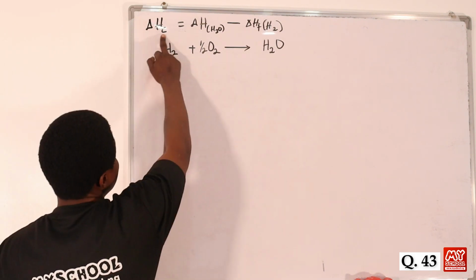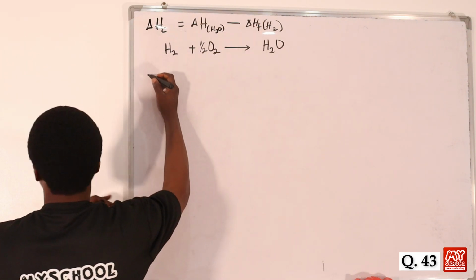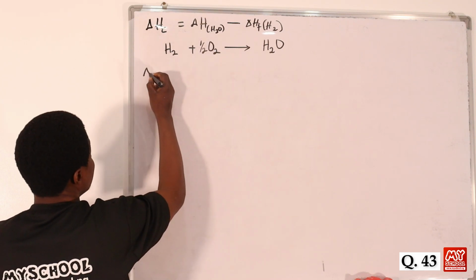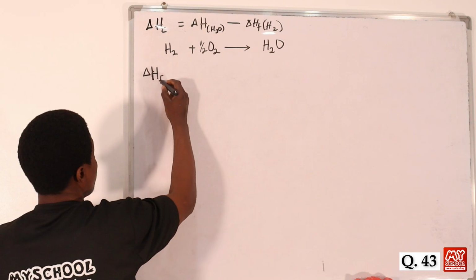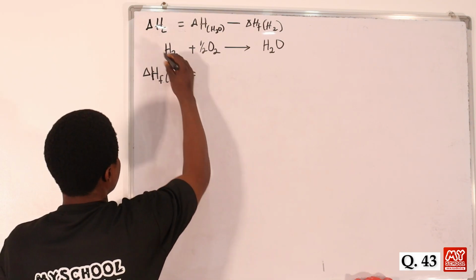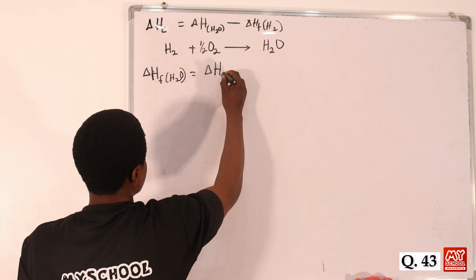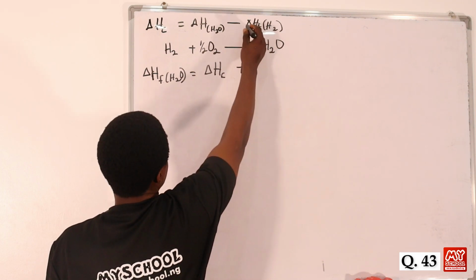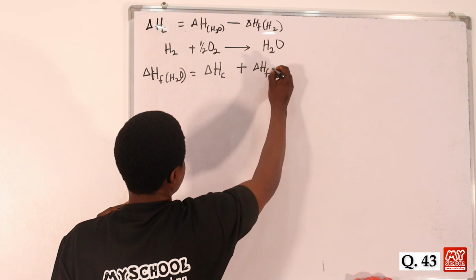So we can rearrange this, because we have to find the heat of formation of water. So we can say the heat of formation of water, H2O, is equal to the heat of combustion, because if we move this way, it becomes positive heat of formation of hydrogen.